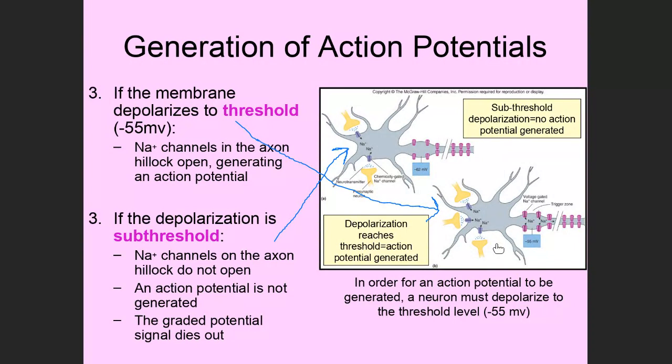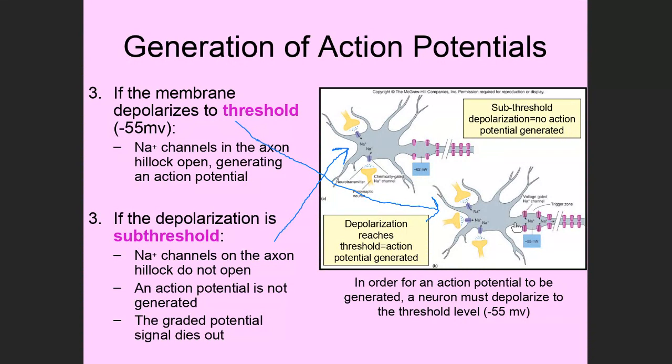If we are able to depolarize the cell to negative 55, because our stimulus was intense enough, sodium channels opened, and enough sodium entered, then what will happen next is sodium channels in the area of the axon hillock. So this is that area that's also sometimes referred to as the trigger zone. Sodium channels in that area will spontaneously open, and it will cause a depolarization in the axon hillock.